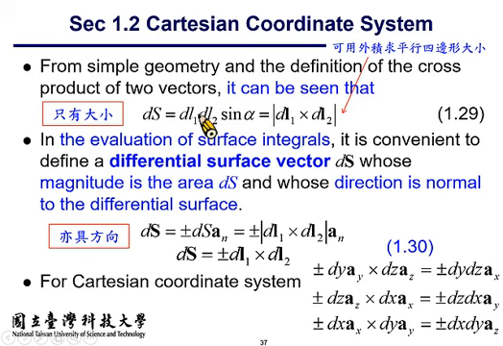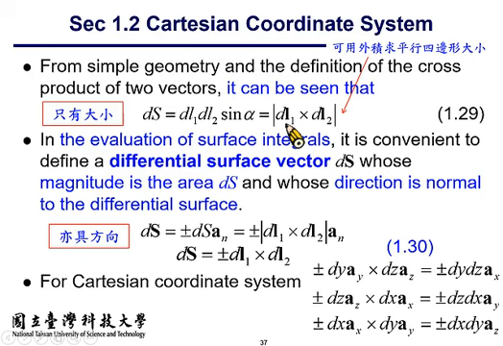taking the absolute value of the cross product of the two vectors, like this one. And equation 1.29, just taking the absolute value of the cross product. So it only gives you the description about the size, the area size of the parallelepiped.